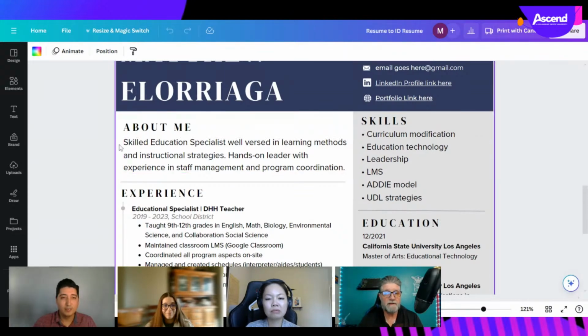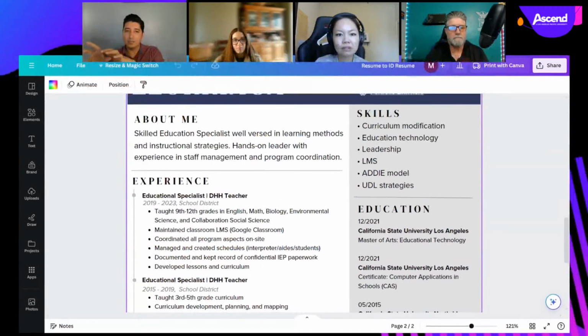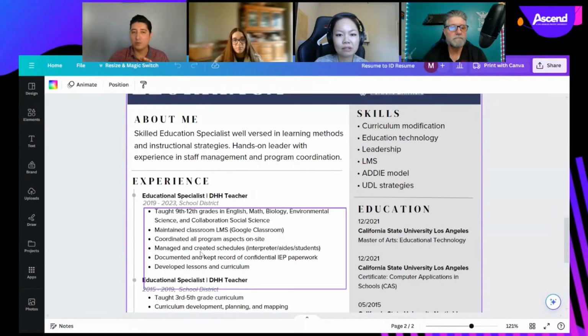Okay. So then I have a question for Vic. Knowing now that we want these skills to be in our experience, and you said you saw language like IEP, maintain classroom, created schedules, etc. as a teacher, how would I use these skills and change the language in my actual experience to fit these things?